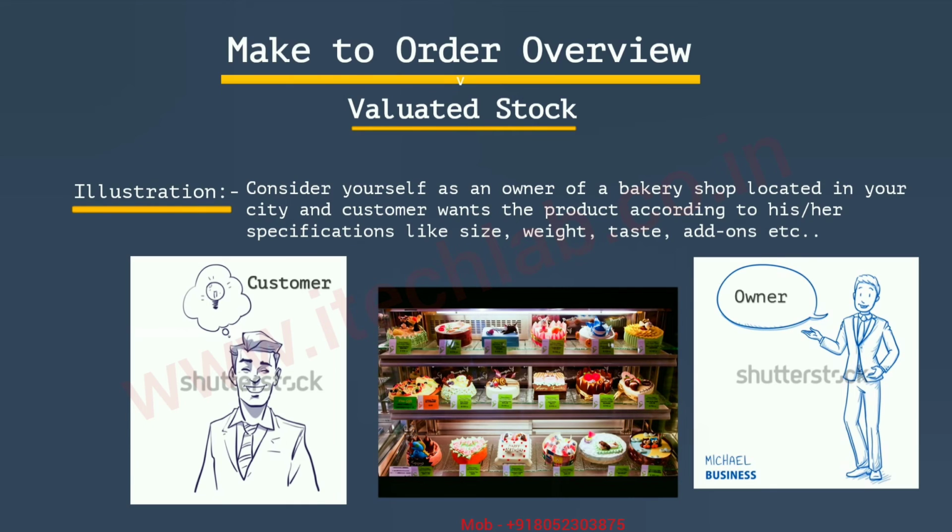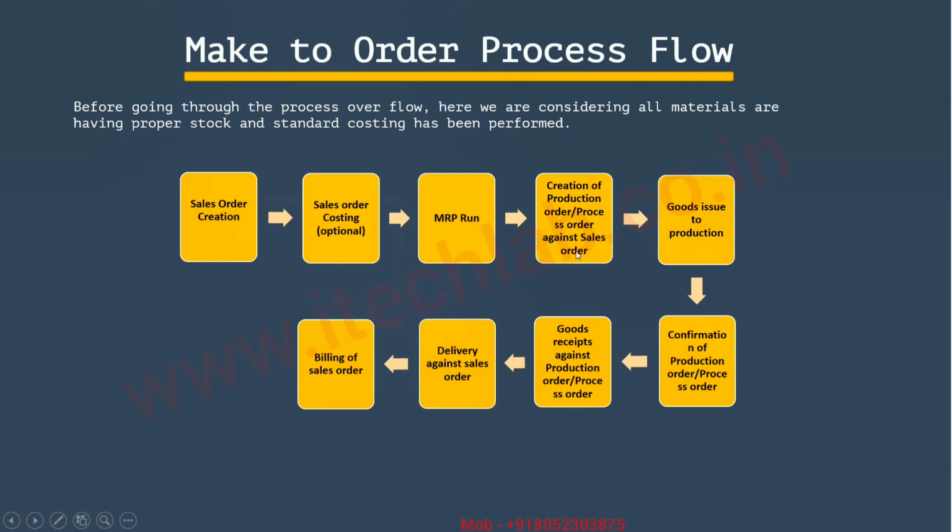So valuated stock means that in this whole process flow, when we create a production order, goods issue to the production order, confirmation, goods receipt, there will be an accounting entry for the goods issue, and for goods received against the production order, there will again be an accounting entry. That means a valuated stock. In MTO valuated stock, the stock movement from raw material to semi-finished, and semi-finished to finished, will post an accounting entry.